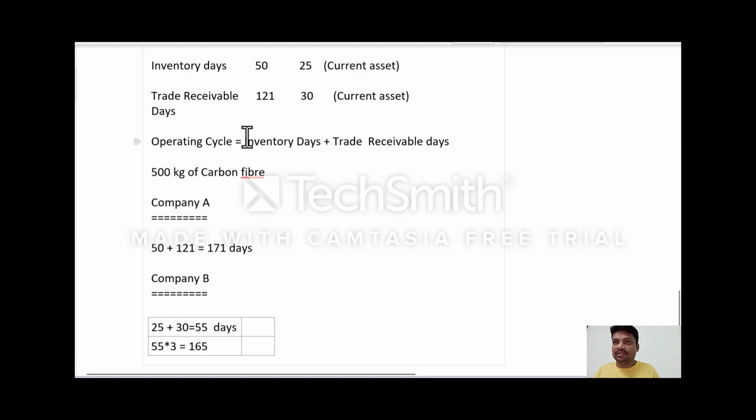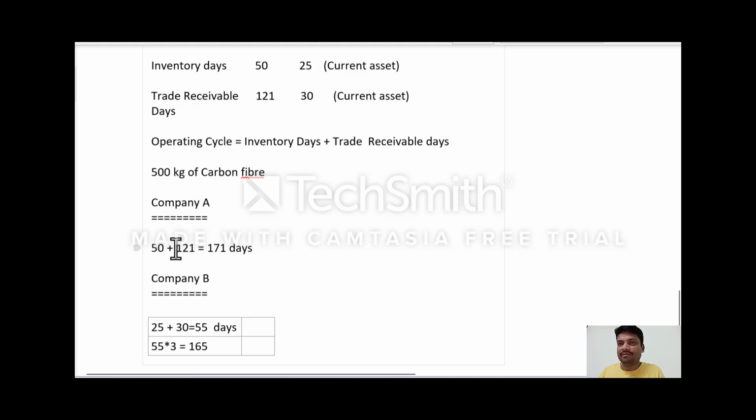So this is inventory days plus receivable days. For company A it is 50 days plus 121 days, coming out to 171 days, and for company B it is 25 days plus 30 days, which is 55 days. 55 into 3 is 165.